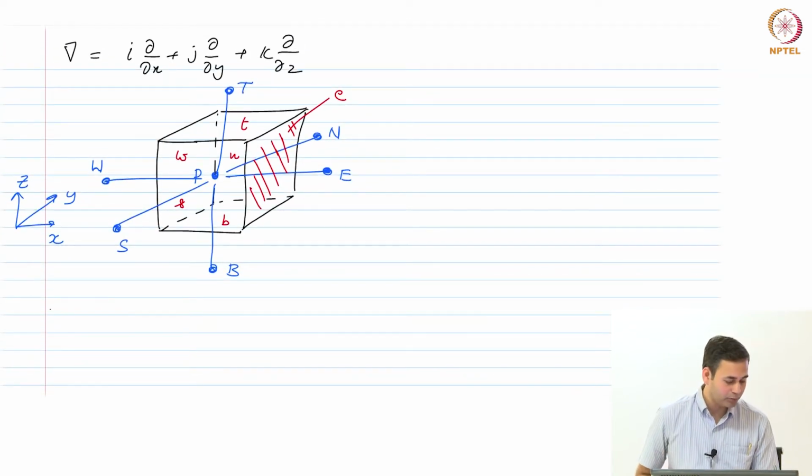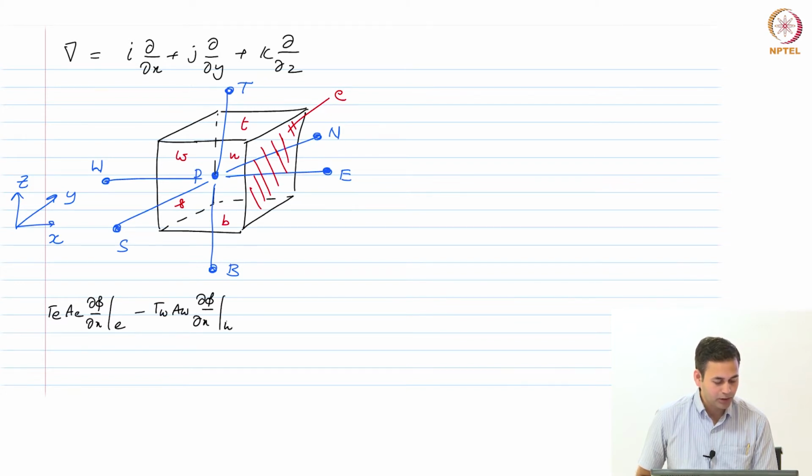That would be gamma east A east partial phi partial x east minus gamma west A west partial phi partial x west. Of course, you are going to get now how many terms here? 6 terms, because you have 6 faces. So that is rather very straightforward.